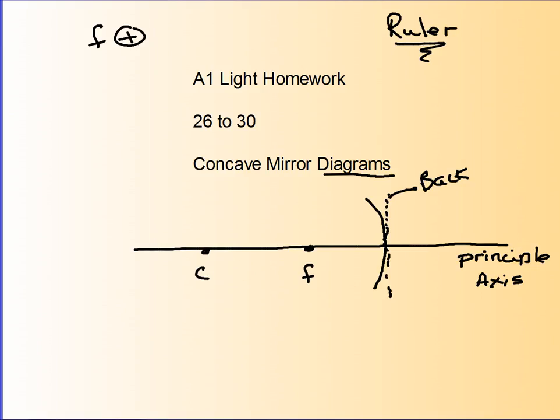Now remember, there are 3 rays, okay? You're going to go in and then reflect out. So we're just going to call this out. You go in parallel, and it'll bounce out through the focus.